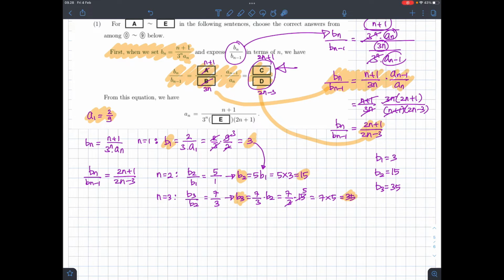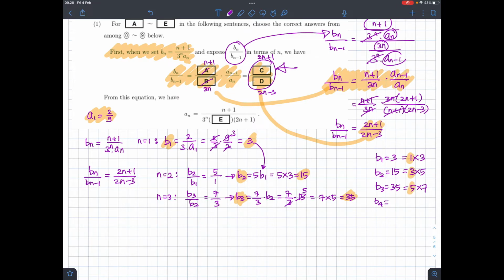And there is another clue here. This is 3 times 5, 5 times 7. Maybe it is better to analyze the pattern if I write it like this. You can see the first numbers are all odd numbers.